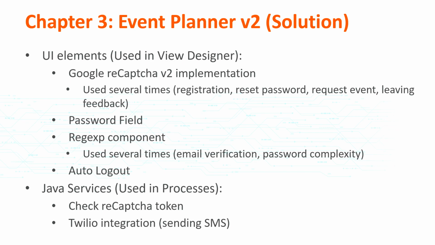So one code used multiple times. The password field, a regex component, because we don't have a mask for text fields, for example to check if the password is complex enough. And on the Java side, I need to validate the CAPTCHA token and integrate Twilio as well. So I have quite some custom code.